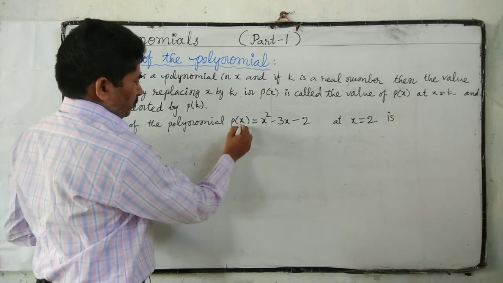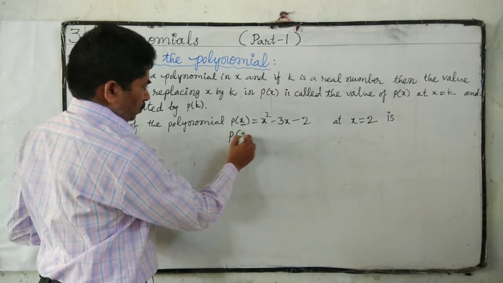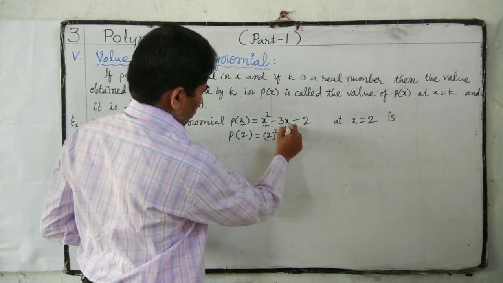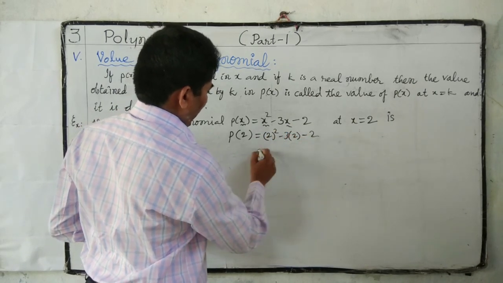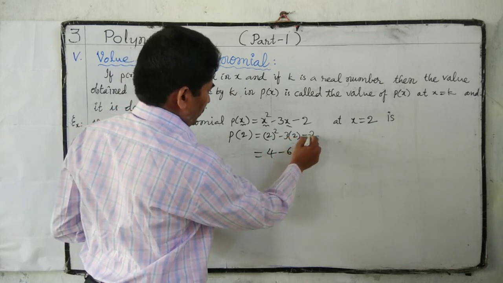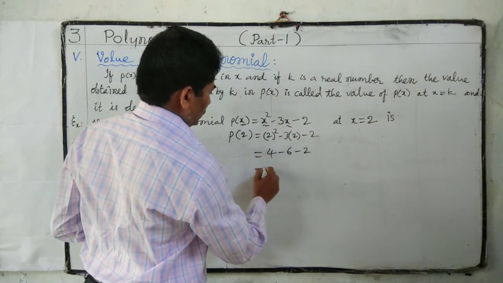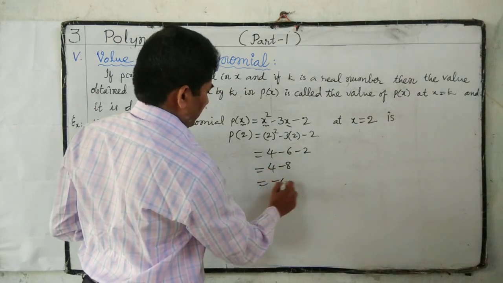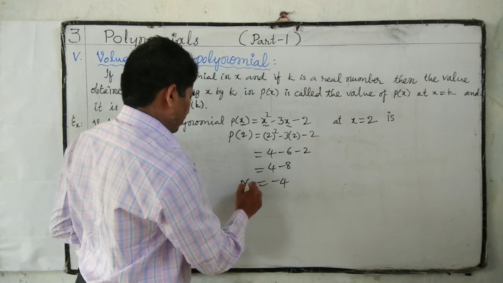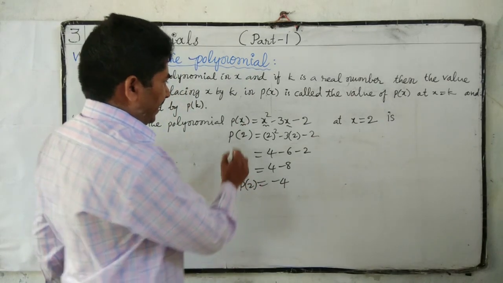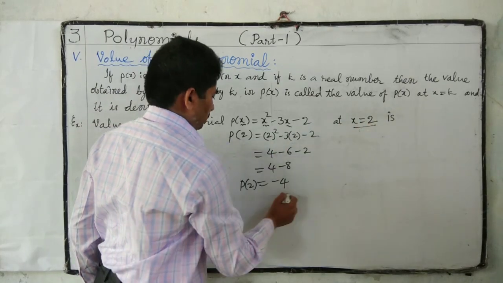We have to substitute 2 in place of x. 2 squared is 4, 3 times 2 is 6, minus 2. So 4 minus 6 minus 2. This is the value of p of x at x is equal to 2.